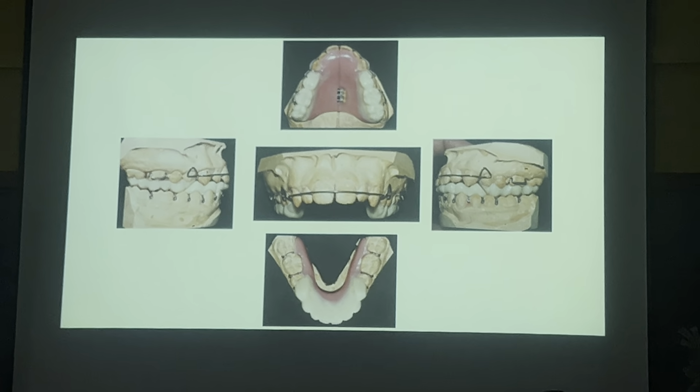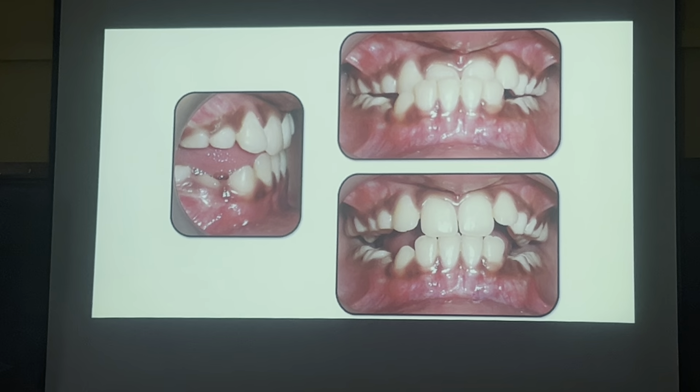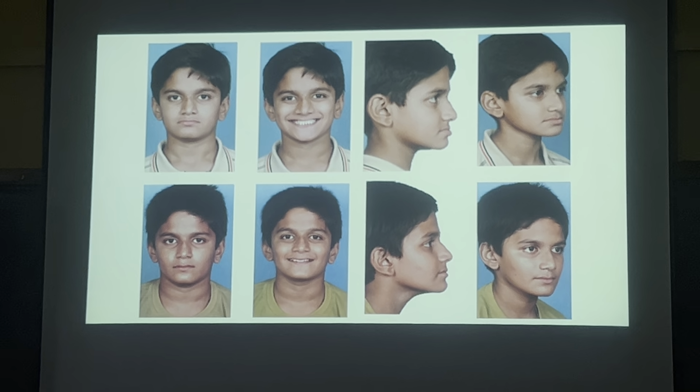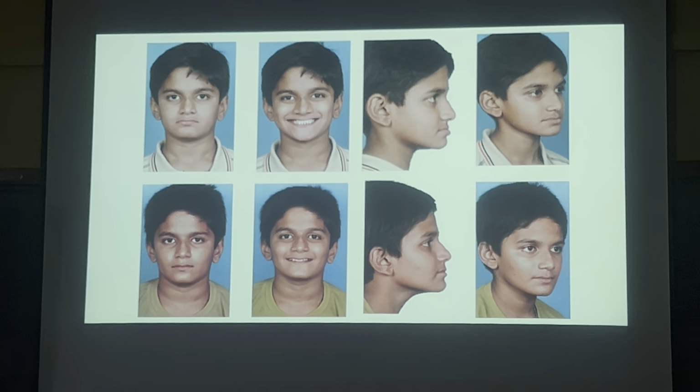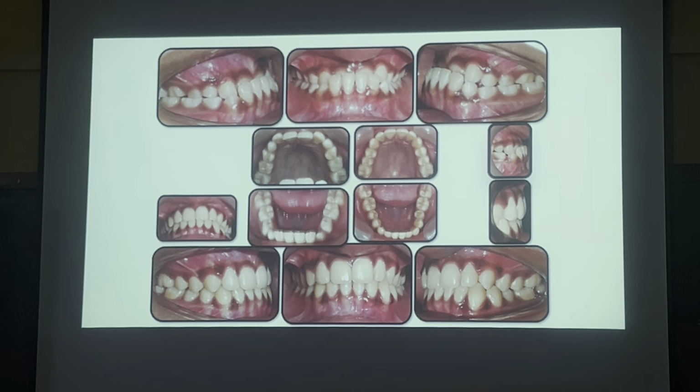Secondly, as we remove the anterior bite, the tongue will play a major role to correct the upper incisor in retroclined cases. So we achieve the positive overbite, profile is improved, and we kept for observation without any appliance.